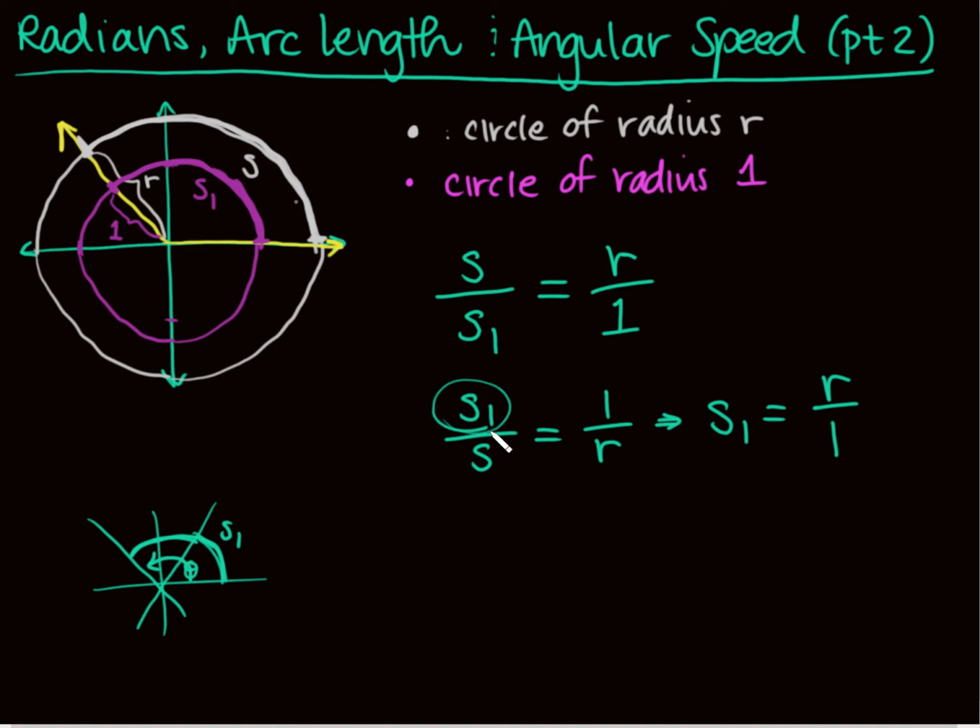So this s sub 1 right here is going to be the radian measure of that angle theta, that yellow angle. This corresponds to the radian measure, not the degree measure, of that angle. And that's exactly what we talked about with what it means to have a radian measure.